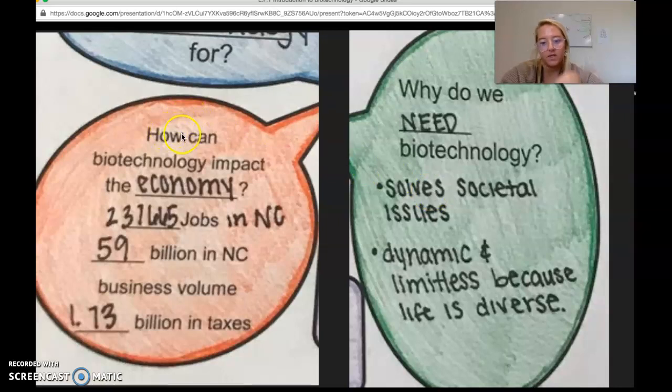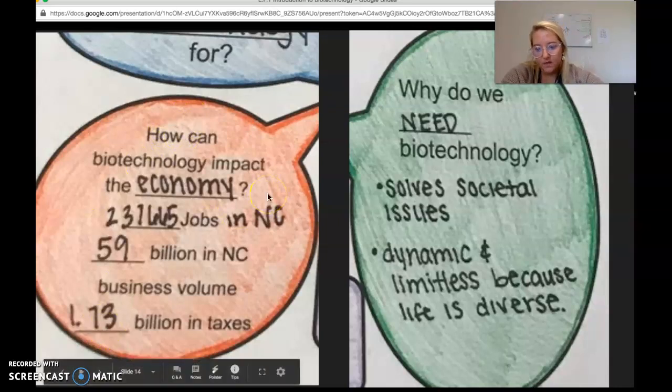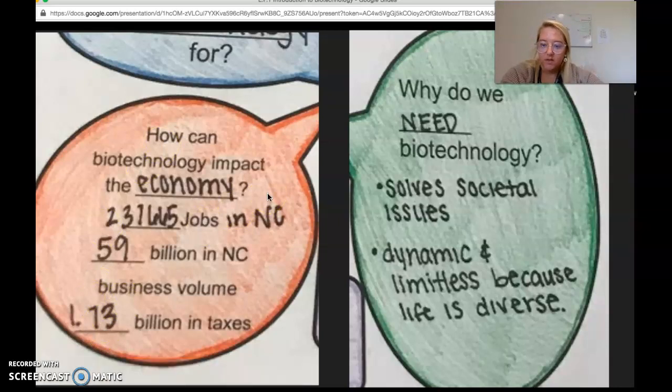Also, we care about it because it can impact the economy, and it really does. In North Carolina, it gives us 237,665 jobs. It accounts for $59 billion in NC business volume, so it's a big booming business in North Carolina.